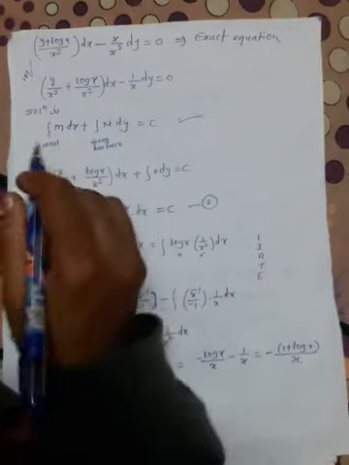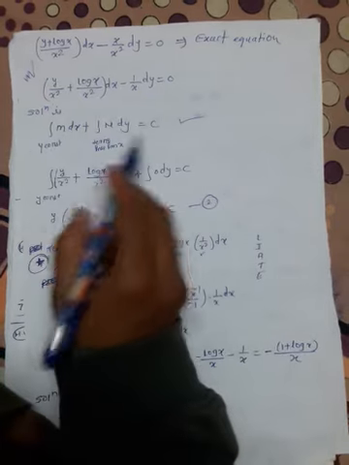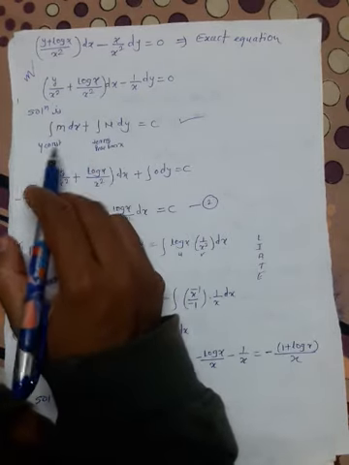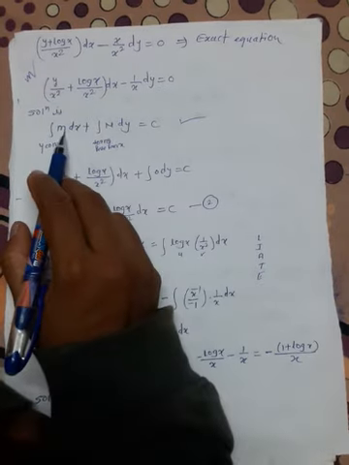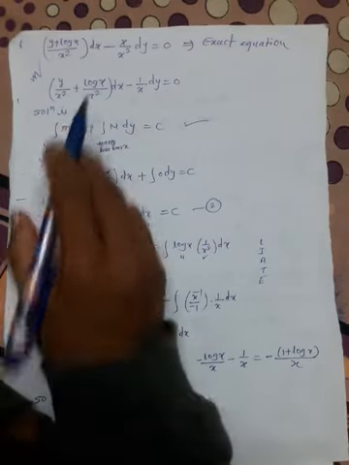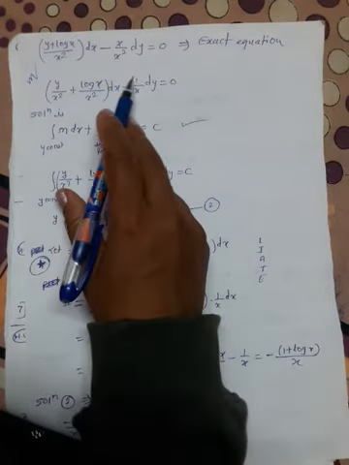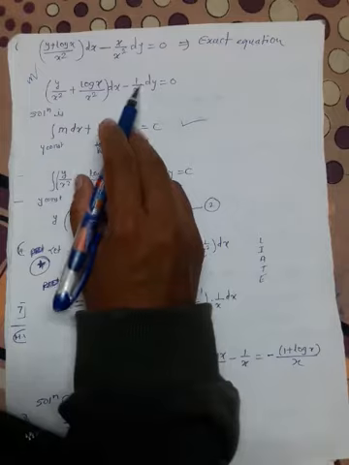Since this is the exact equation, the solution is integration of M dx, this is the formula, plus integration of N dy, taking only terms free from x, with y constant, is equal to the integration constant c. Now what is M? M of this equation, not the earlier one. M is this total term, keep it as it is, dx, and N is this term including the minus sign, and N is not free from x.